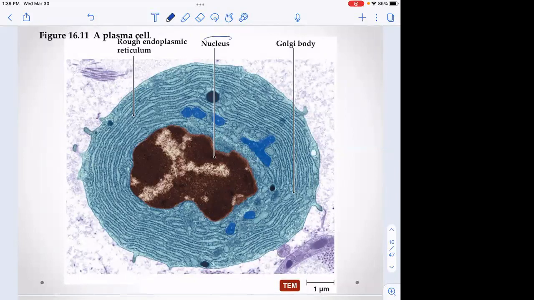You can see it's a pretty big nucleus that takes up a big chunk of the cell. And then most of the rest of the cell is taken up by rough endoplasmic reticulum. Remember, rough ER is rough because it has ribosomes studded into the surface. So what happens at the ribosome? That's where proteins are made.